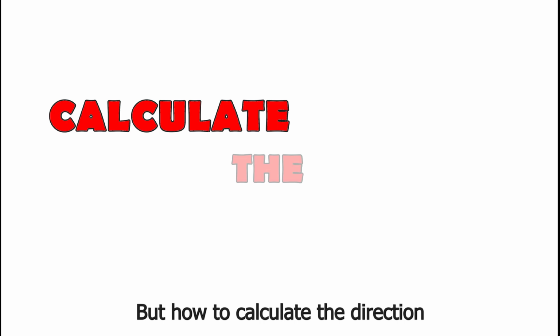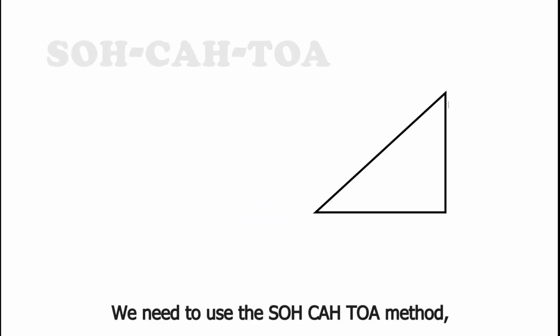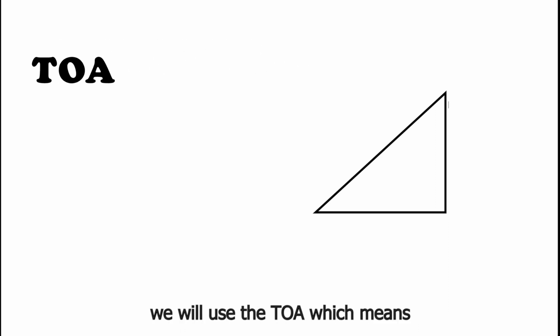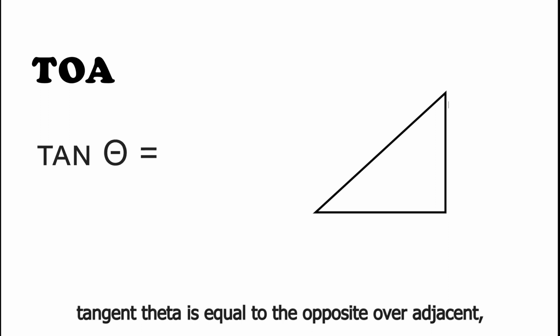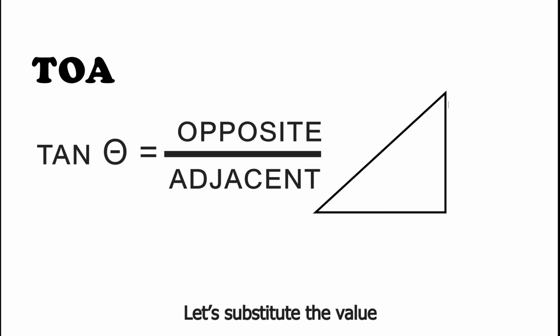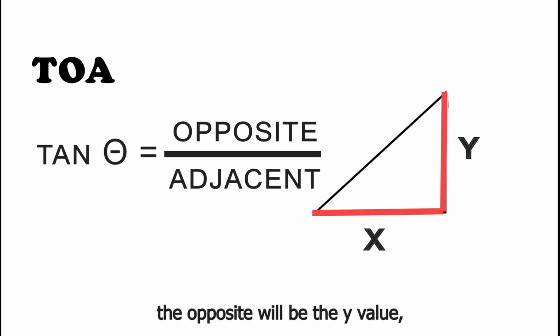But how do we calculate the direction of the displacement of the boy? We need to use the SOHCAHTOA method. In this situation, we will use TOA, which means tangent theta is equal to the opposite over adjacent. Let's substitute the values. The adjacent will be the x value, and the opposite will be the y value.